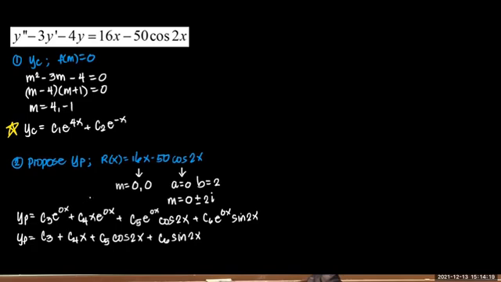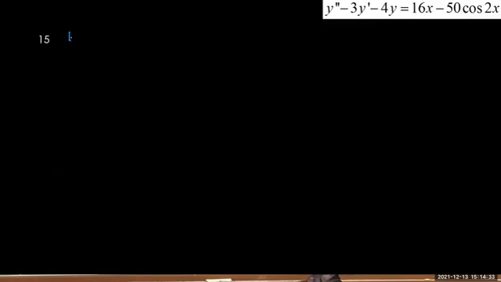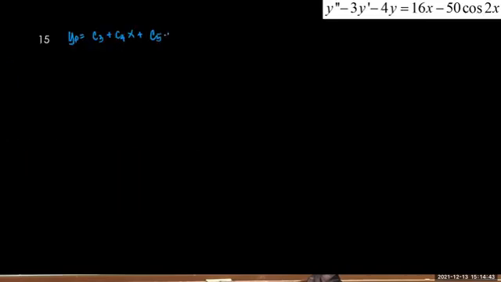No problem with that. Now, step number 3. So we have here, proposed yp is C3, C4x plus C5 cosine of 2x plus C6 sine of 2x. So basing it from the given problem on the top right, you know that we need a second order derivative. So based from this, let's solve for y prime.